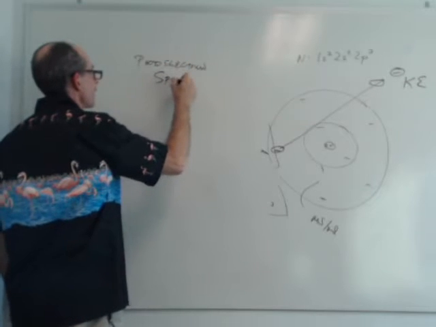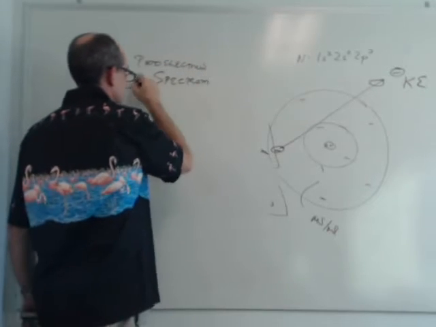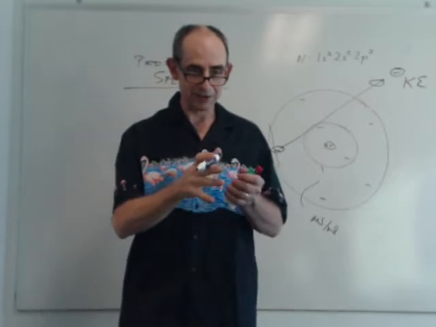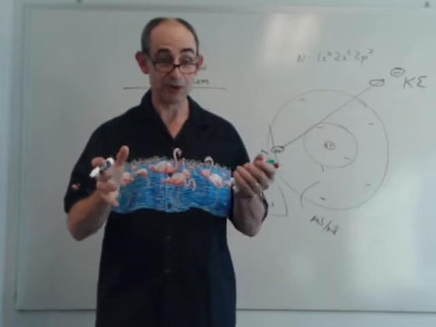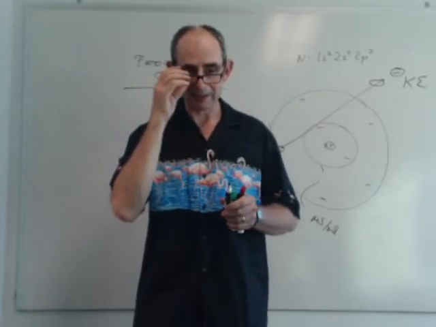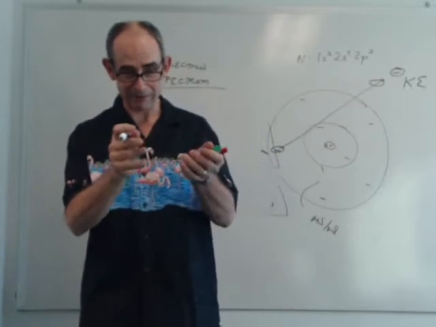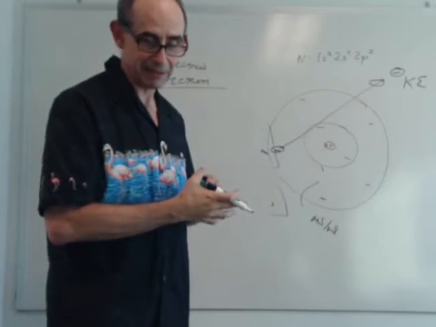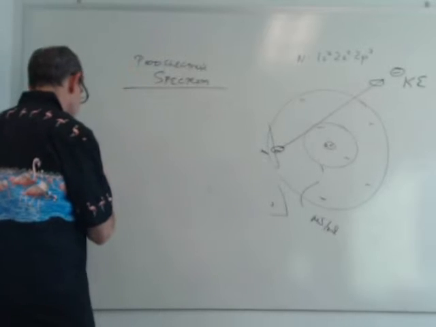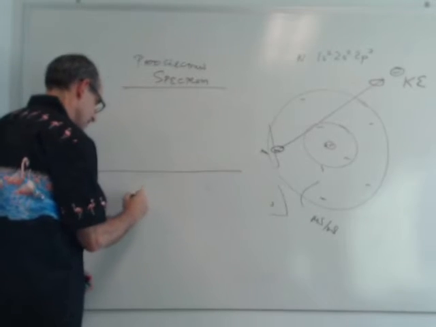In the notes that accompany this video, you'll see a printout of an actual photoelectron spectrum. Anything you're likely to see on the AP chemistry exam will be very sanitized and cleaned up a little bit. But typically there'll be a scale here of binding energy.